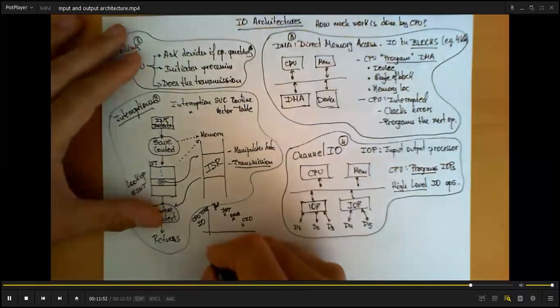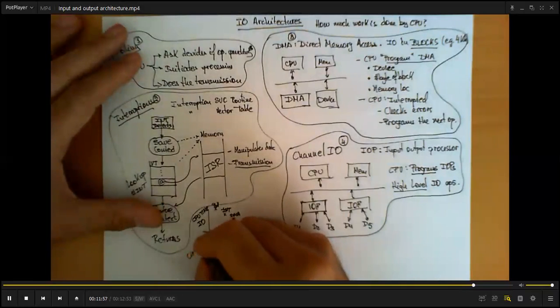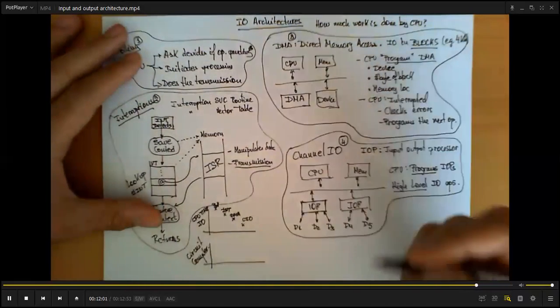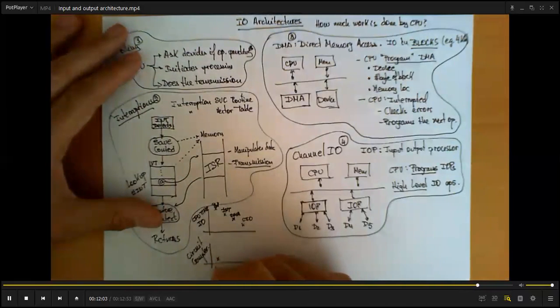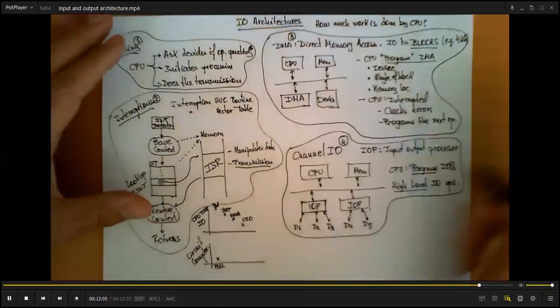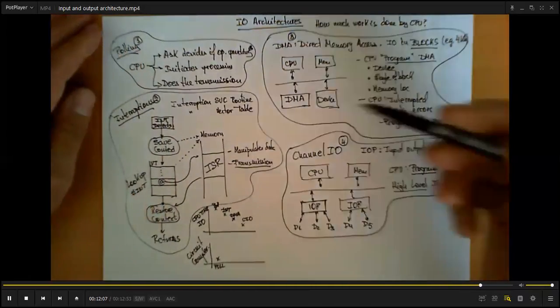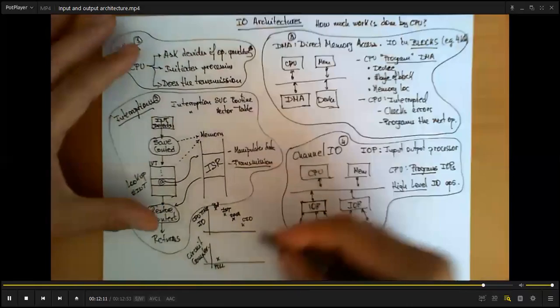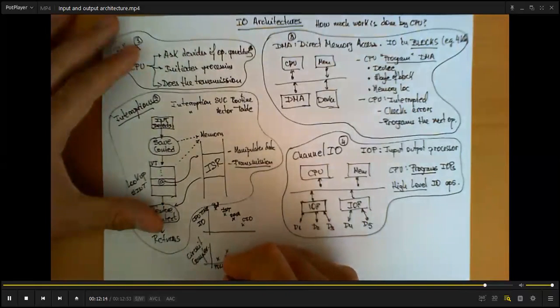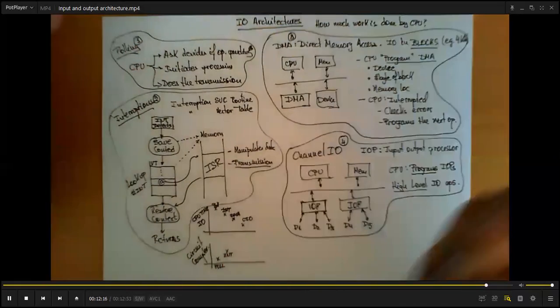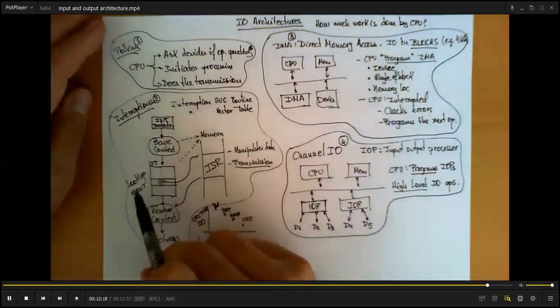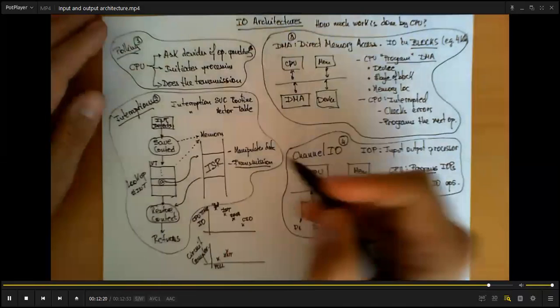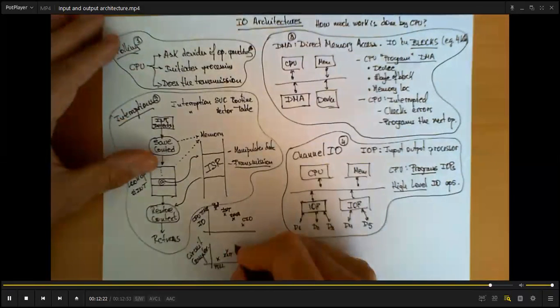But at the same time, we can draw this other graph in which we can plot the circuit complexity. And the circuit complexity, as we can see, starts with a very low value for polling because the circuit that is needed is barely nothing. The CPU is asking the device if it needs an operation, it's taking care of everything. Interruption is a bit more complicated because the notion of an interruption controller appears. We need this lookup table, we need the service routines stored in memory.